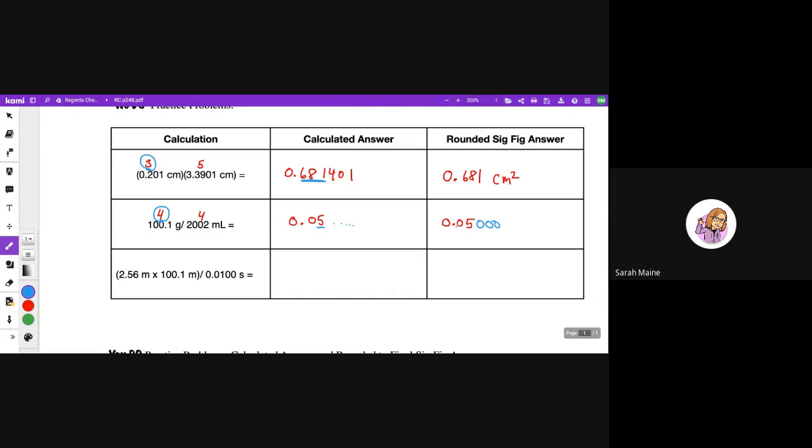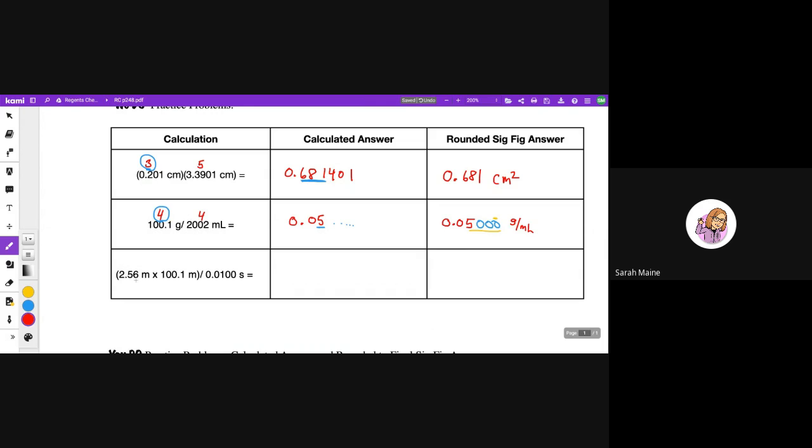So my leading zeros are not significant. Here's my first non-zero digit. And these trailing zeros, because of that decimal point, are significant. And this is my 4th and final sig fig. Now, unit-wise, so don't forget, no naked numbers, it's grams divided by milliliters. Neither unit reduces, so we have a fractional relationship at the end, grams per milliliter.